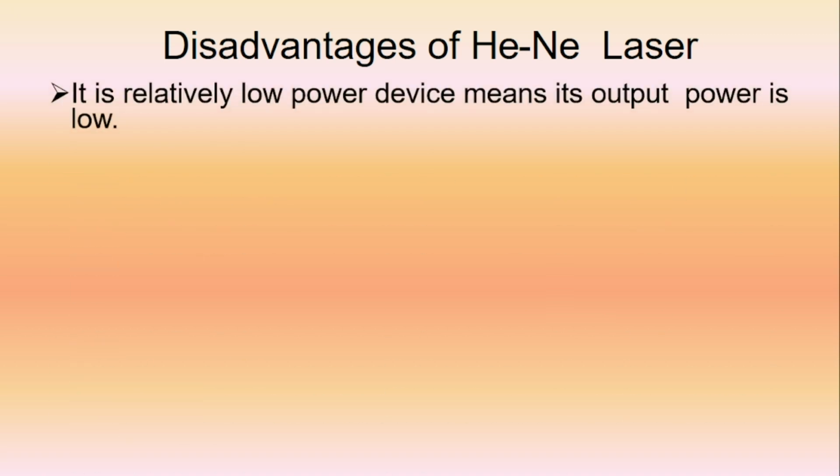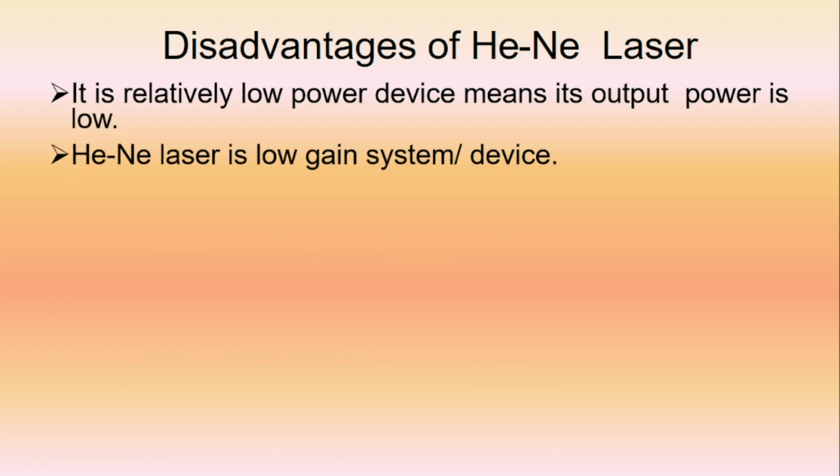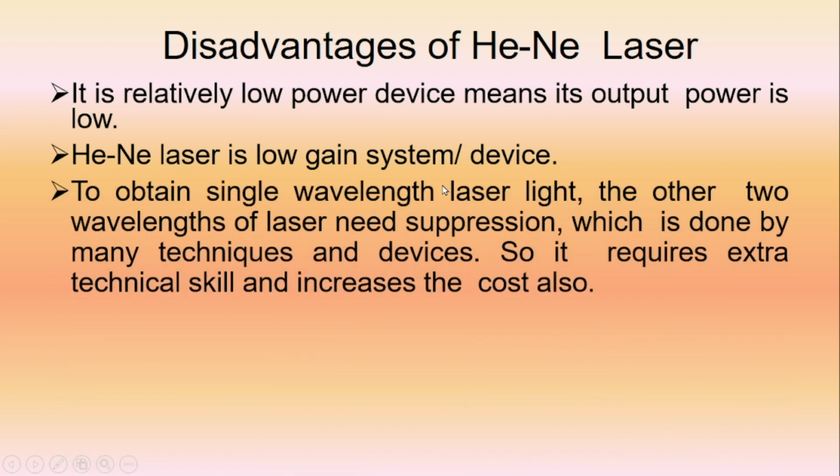Now let us see about the disadvantages of helium neon laser. So it is a relatively low power device, meaning its output power is low. Helium neon laser is a low gain device, and to obtain single wavelength laser light, the other two wavelengths of laser need suppression, which is done by many techniques and devices.